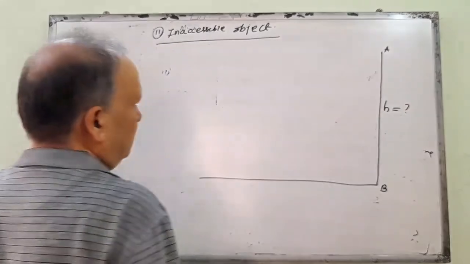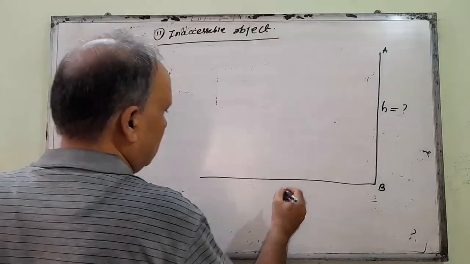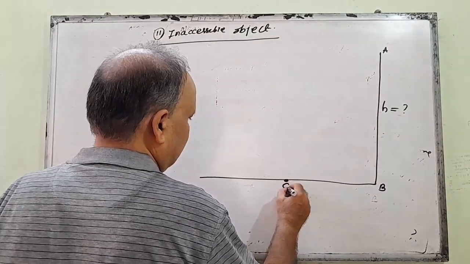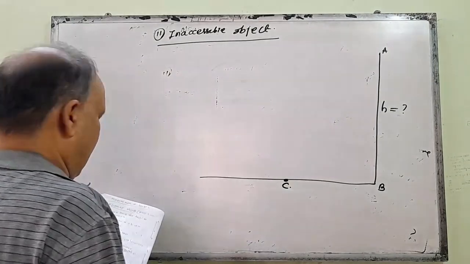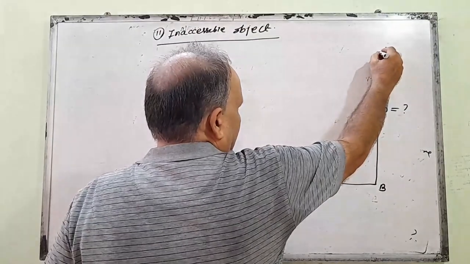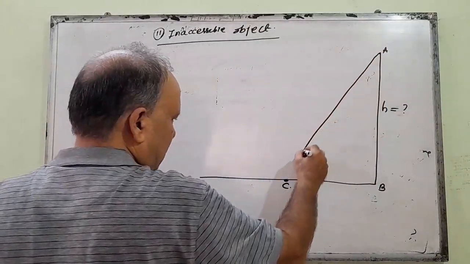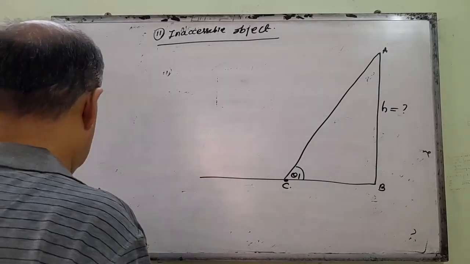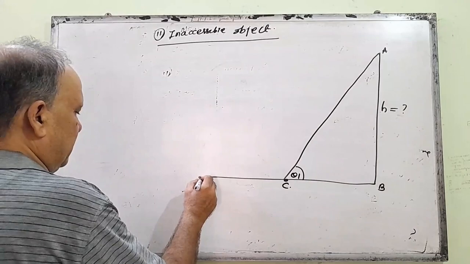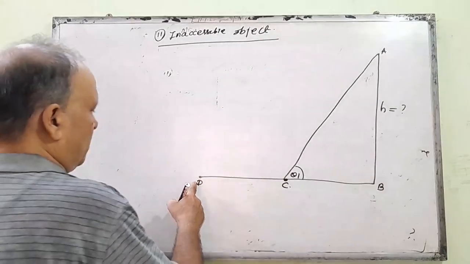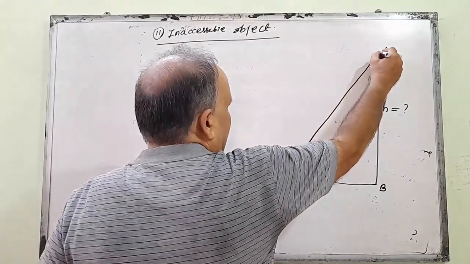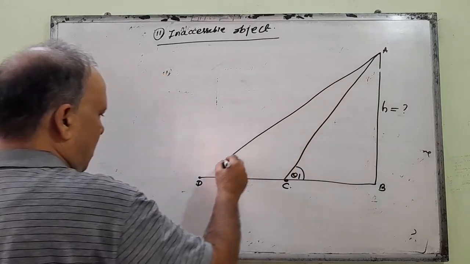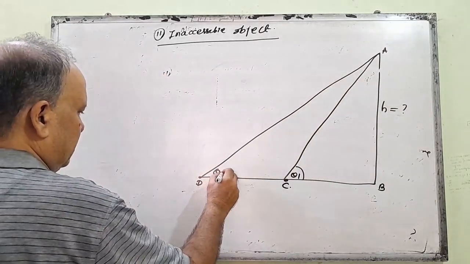In this plane, suppose you take a point C here and at point C, the angle of elevation of point A is theta 1 and you take another point D and at point D, the angle of elevation of A is theta 2.